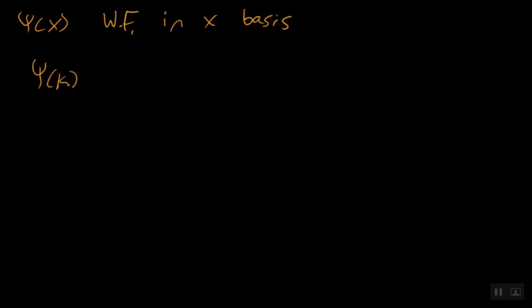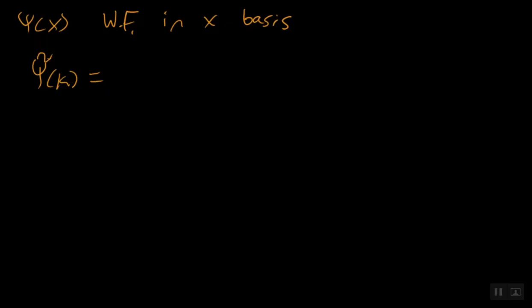Just like this is sort of like the color basis, and now we want to go to the hardness basis to find the state vector, the wave function. And when we write it in the k basis, we're going to add a little tilde on top of it. The tilde just means that we are looking at it in the k basis. And so psi tilde of k is how we're going to write it.